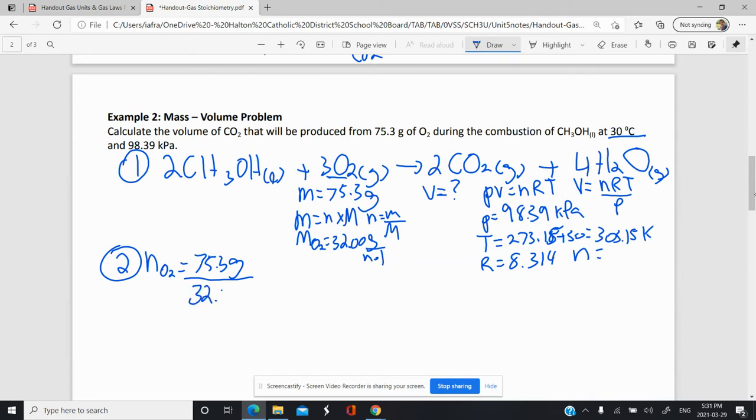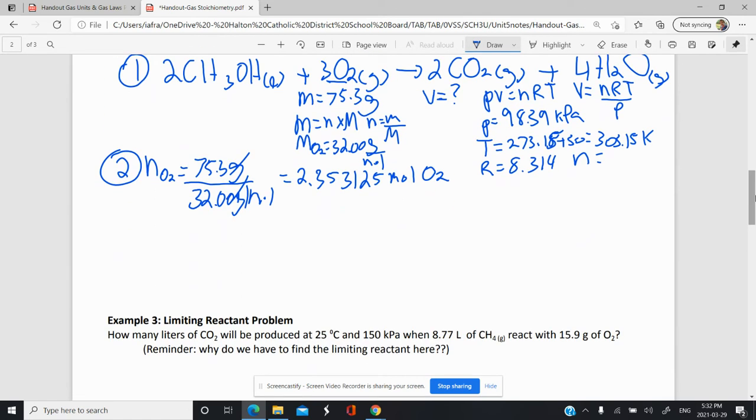Cross grams out, and we're left with moles, and we get, so 75.3 divided by 32, approximately 2.353125 moles of O2.